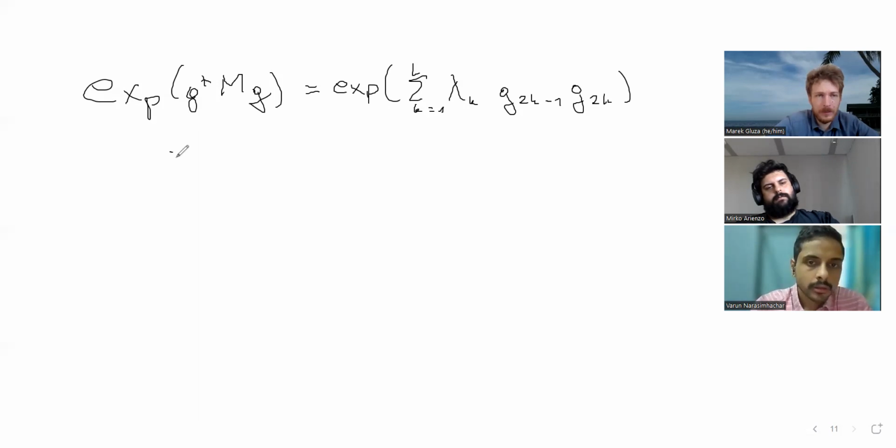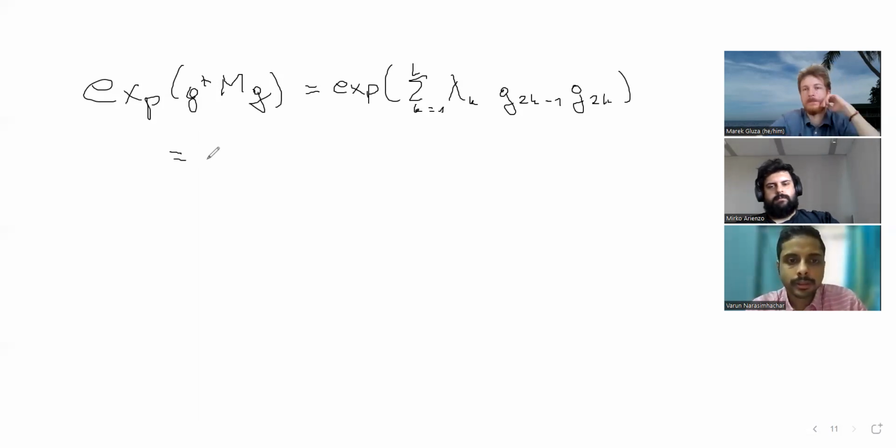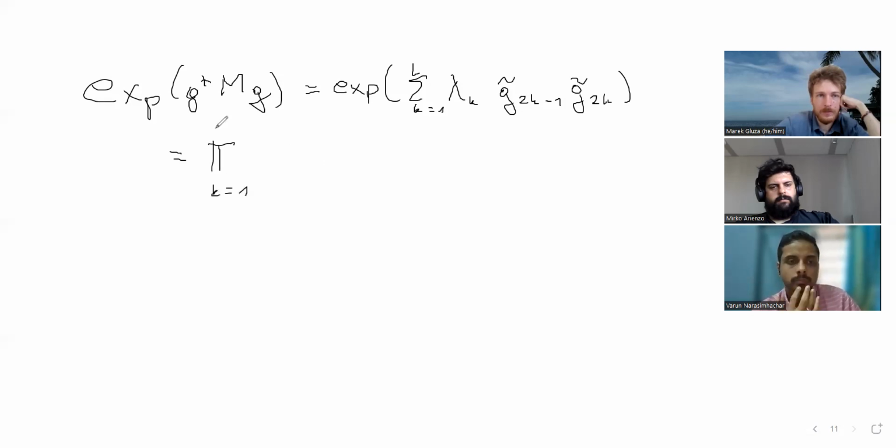But this is a product, so now I'm writing even a product symbol because all of them are commuting.